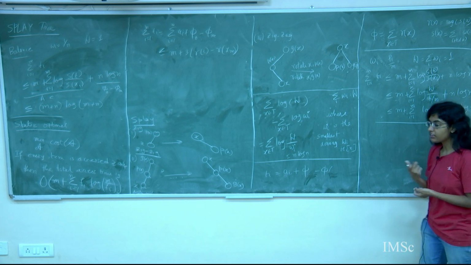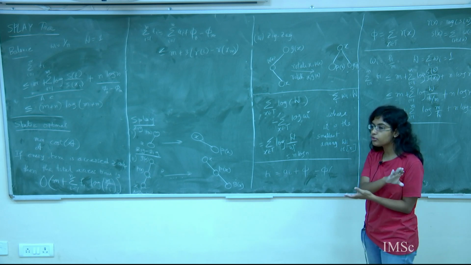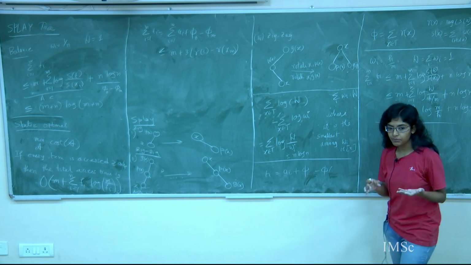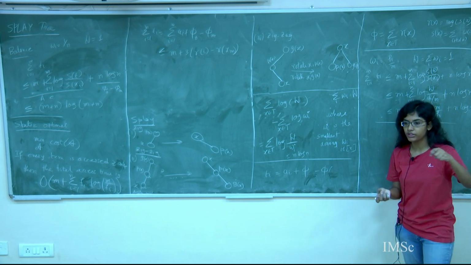The static finger property says that it's a node where you have put the finger and you don't move it. A dynamic finger would be one you can move while accessing.